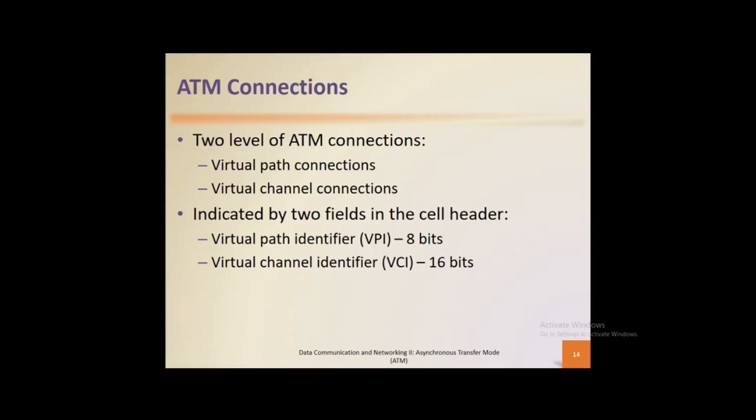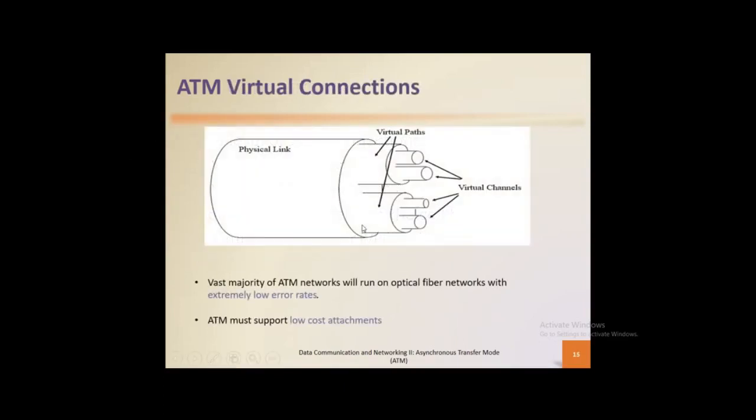Here we want to look at a typical design of an ATM virtual connection, looking at it from a physical link, a fiber optic cable. From a physical point of view, you have the physical link itself with the virtual path.